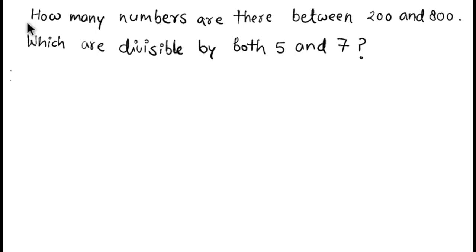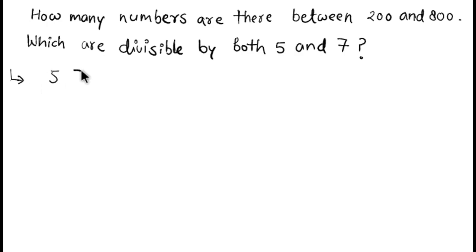So here is the interesting question. How many numbers are there between 200 and 800 which are divisible by both 5 and 7? First of all, I find the smallest number which is divisible by 5 and 7.